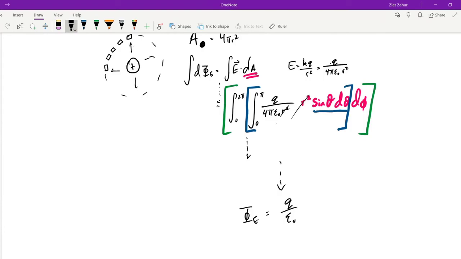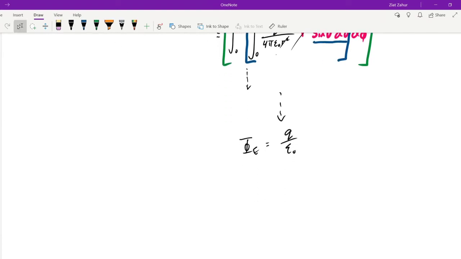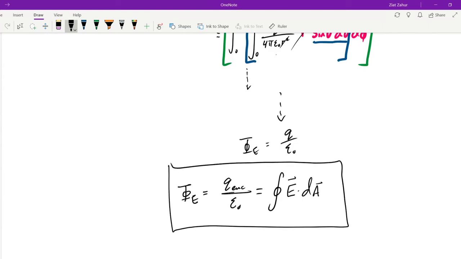Okay, and this is where we put together what we know, and that is the flux is equal to Q enclosed over epsilon naught, so whatever's inside of our surface, and then we set that equal to the closed loop integral of E dot dA. Okay, and this is our Maxwell equation number 1, or Gauss's law.